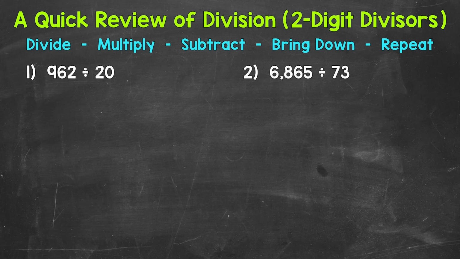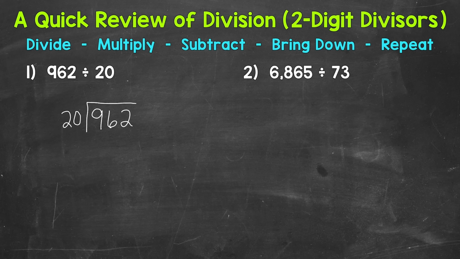So we have 962 divided by, and then 20 is our divisor. It's the number we're dividing by. Now we're ready to go through the division process, the steps: divide, multiply, subtract, bring down, repeat. And we start with divide.